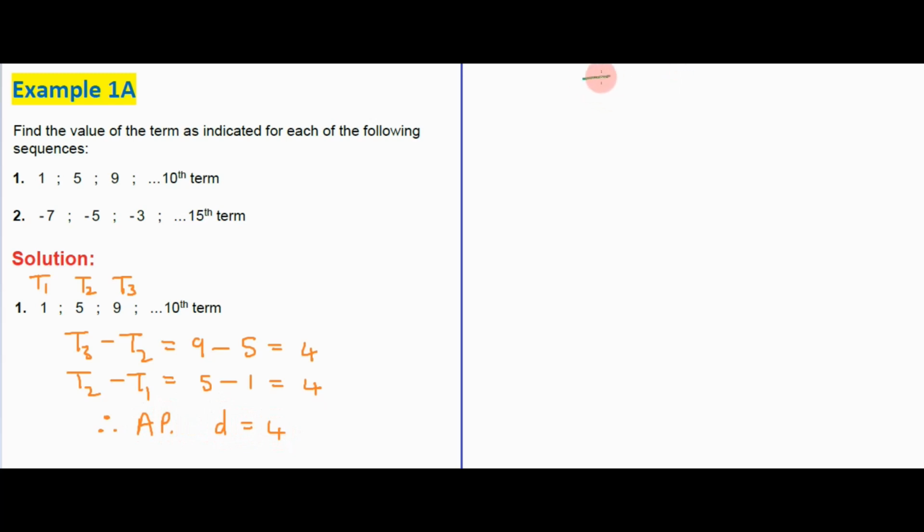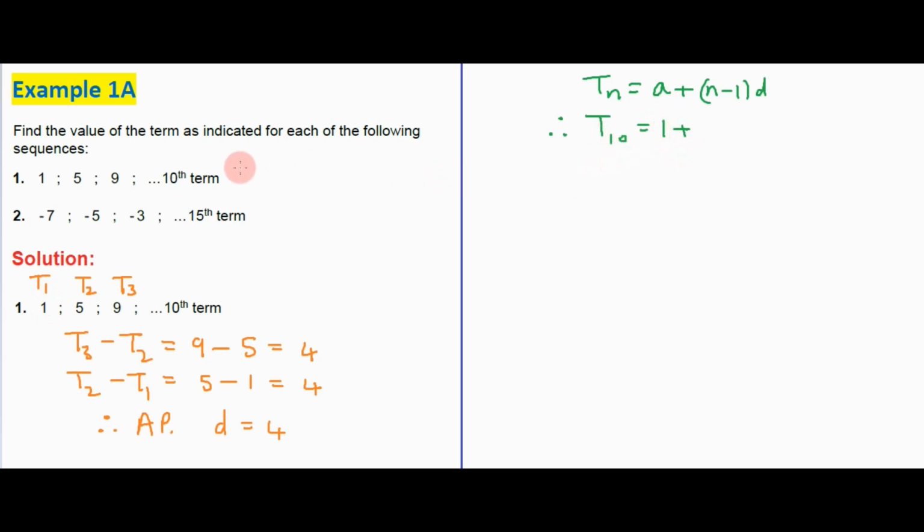Now we can use the equation T sub n equals A plus n minus 1 times D. And we plug in the values. We want the value of the 10th term, so we want T sub 10. A is the first term, and that's equal to 1.